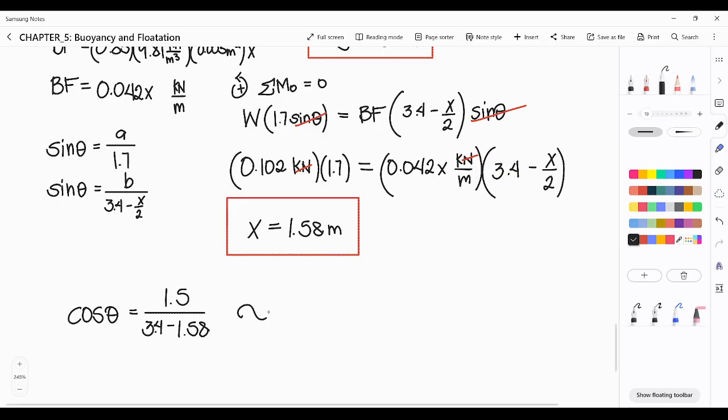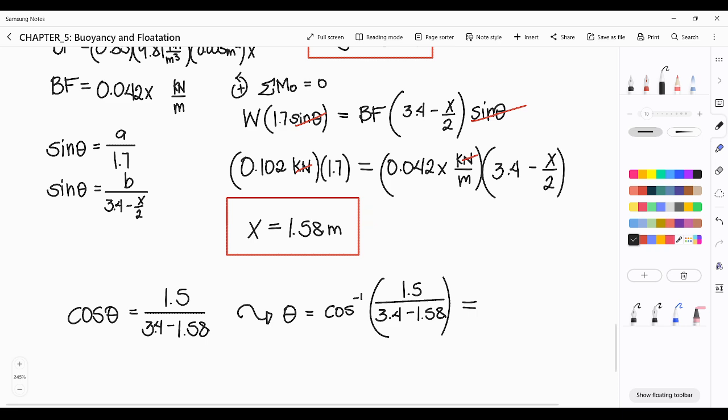And from here, theta is equal to arc cosine ng 1.5 over 3.4 minus 1.58. Okay. And plugging this to your calculator, pindot. Pag engineering, mahilig talaga pumindot eh.